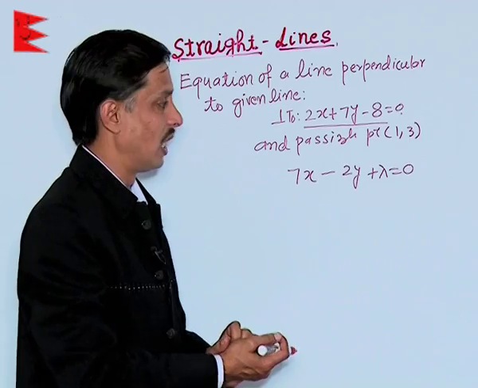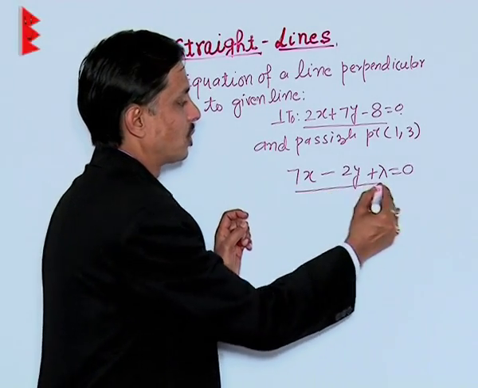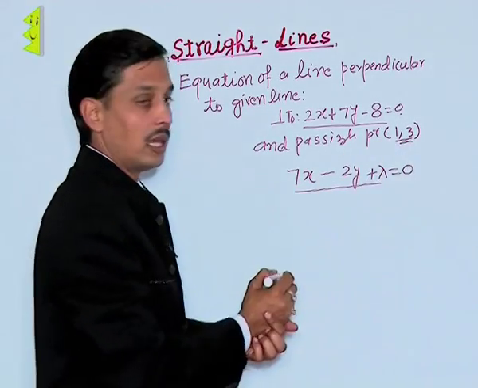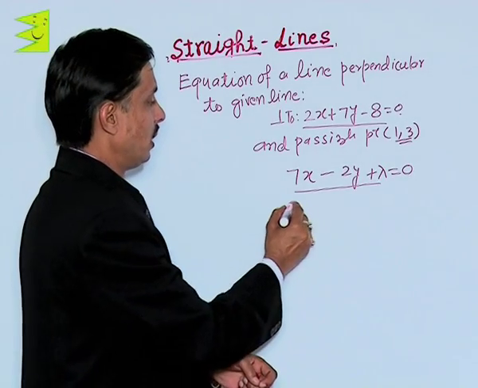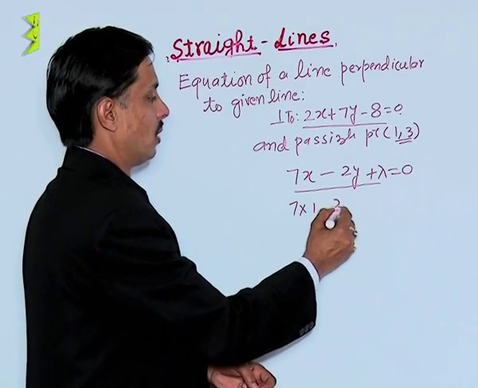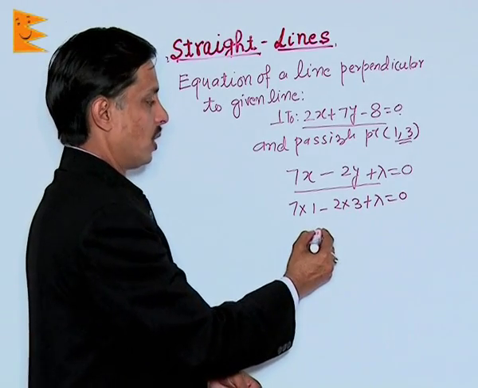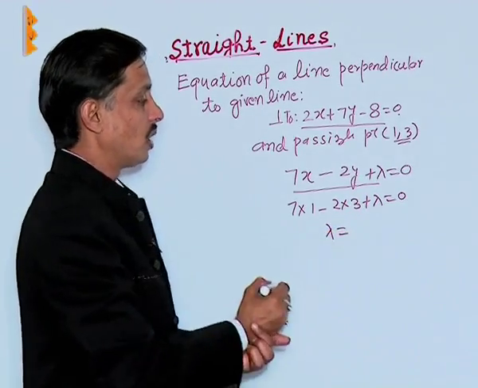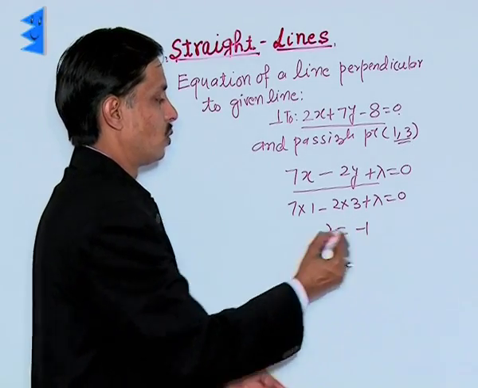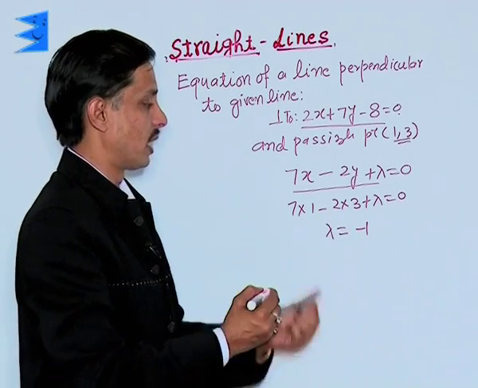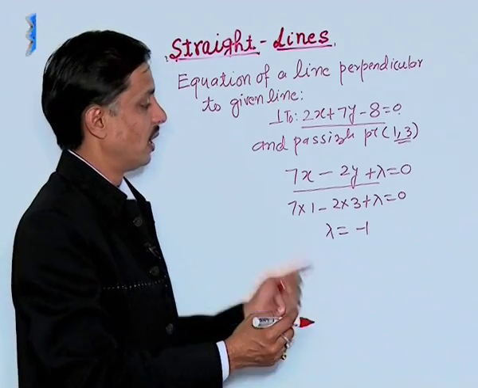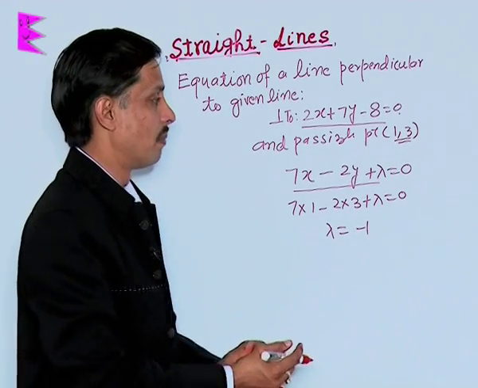Replace the constant by lambda. This line is passing through the point (1, 3), meaning that 7 into 1 minus 2 into 3 plus lambda is equal to 0. This gives you lambda is equal to minus 1: 7 minus 6 is 1, and when transferred, it becomes minus 1.